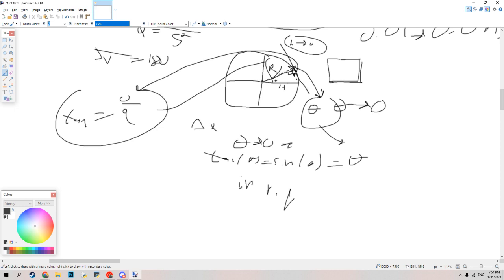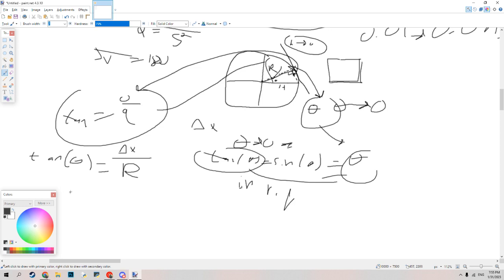Now, what does this tell us? Well, this tells us that the tangent of this angle theta is equal to this delta x, which, I'll remind you, is just getting closer and closer to 0, over the radius of the circle, big R. And using this, since we know, again, that tangent of theta is essentially equal to theta when these numbers get increasingly smaller, we know that this angle theta is equal to change in x divided by the radius.